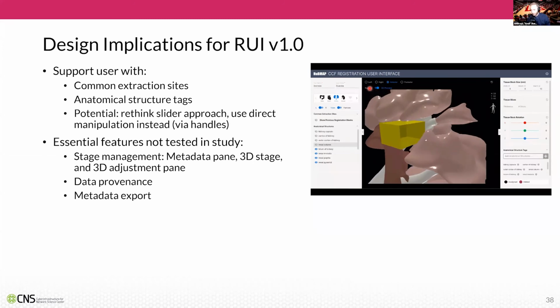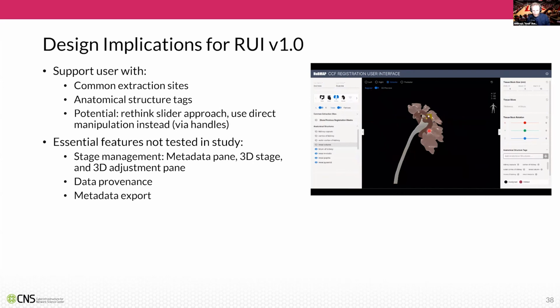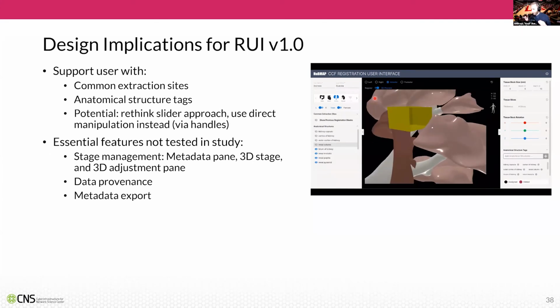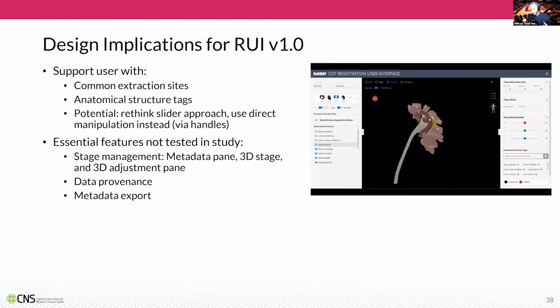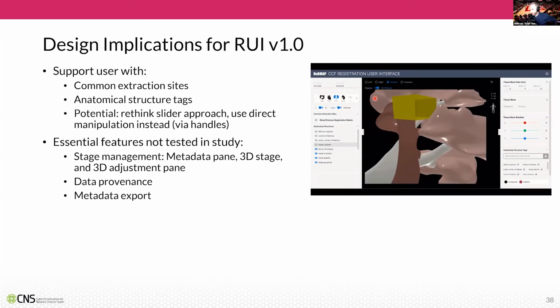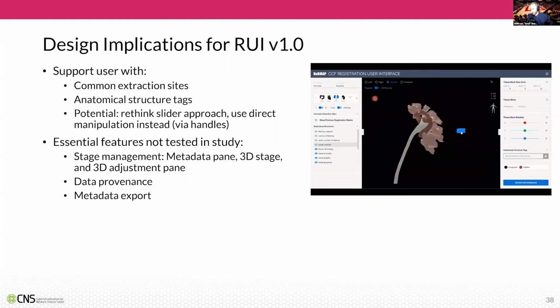It's a perspective camera, so we perceive depth all across the kidney. In the RUI that we tested, when you're in the registration mode, you have an orthographic view, which is common for 3D modeling software, because you only modify 2 dimensions at a time, and you also only see 2 dimensions at a time. You don't see depth in this kind of isometric view, and I think that this makes the registration easier.